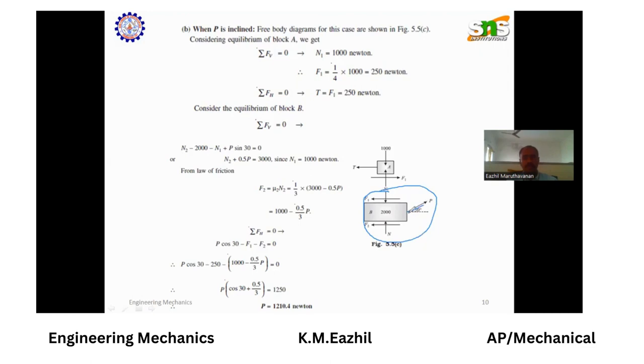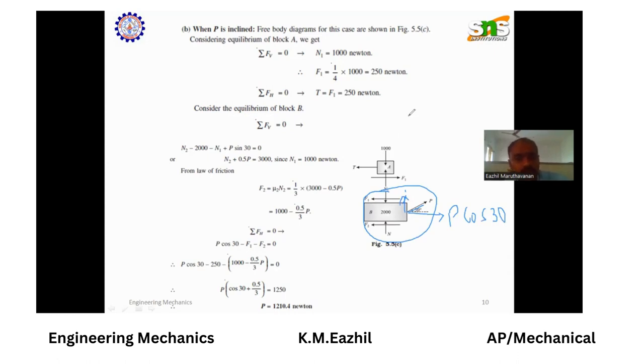For the horizontal component, we get P cos 30. For the vertical component, we get P sin 30. While solving the equation, we have to consider those two forces for block B.